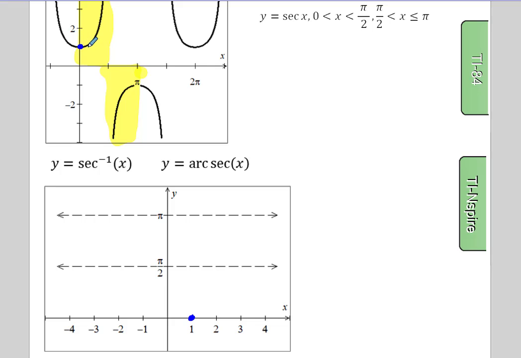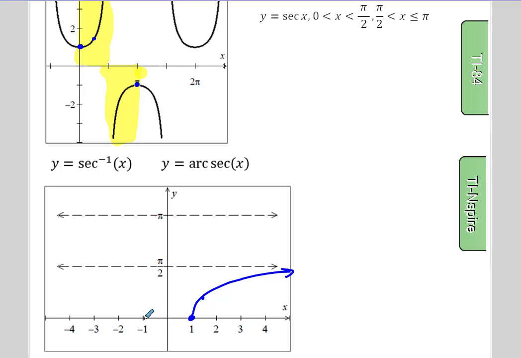And if we move over at a half, we're a little bit bigger than 1. So at a little bit bigger than 1, we're at a half. And that branch would go off that way. And then on this piece over here, if we have at pi, we have -1.